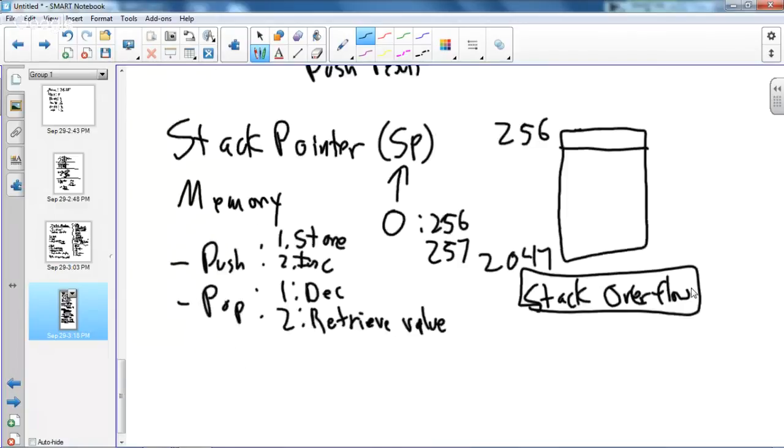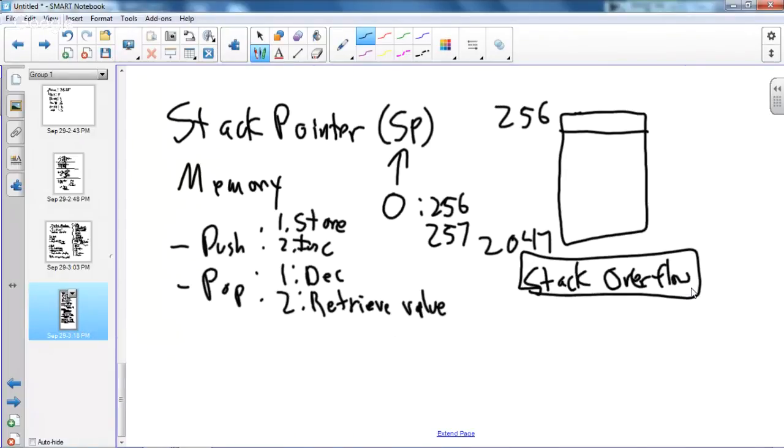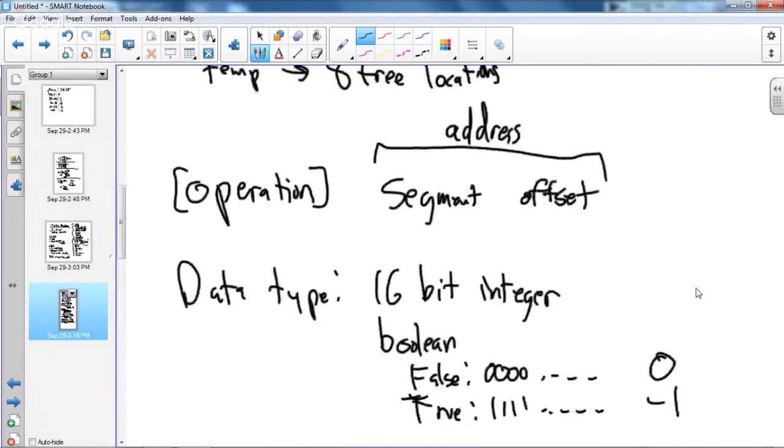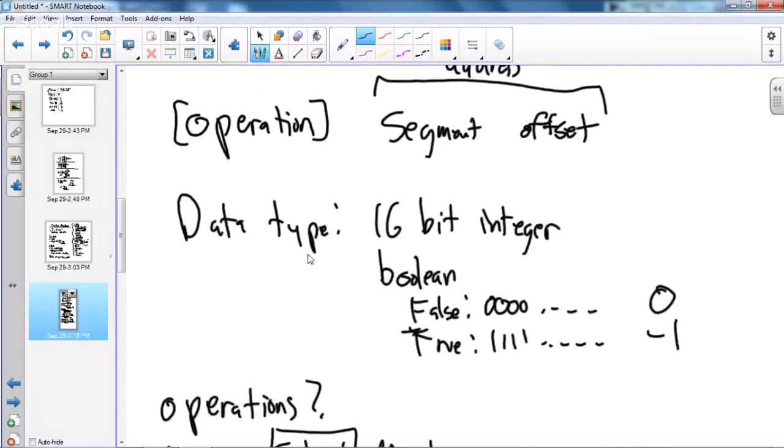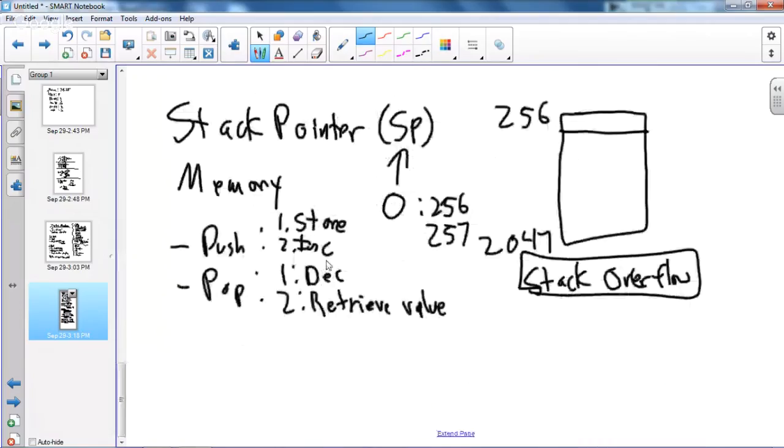So having said all of this, we can now go back to this issue of what these operations are. You may have already guessed. They are push and pop. So those are your first VM language instructions.